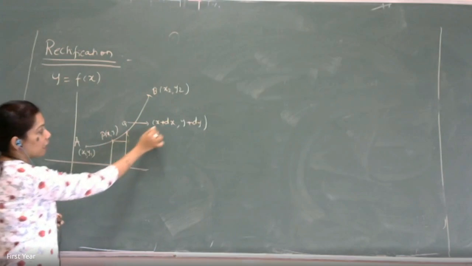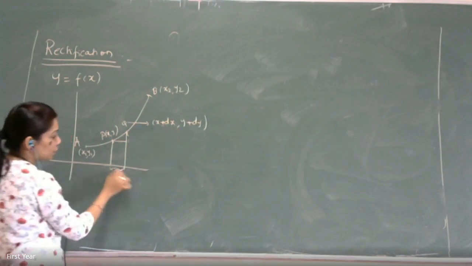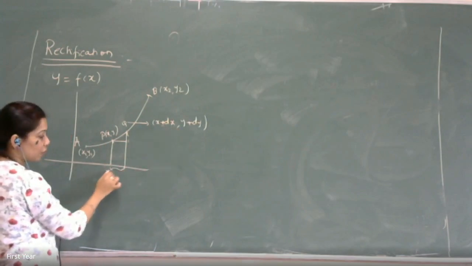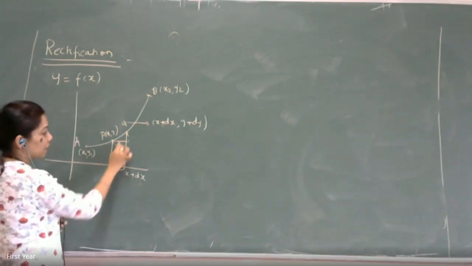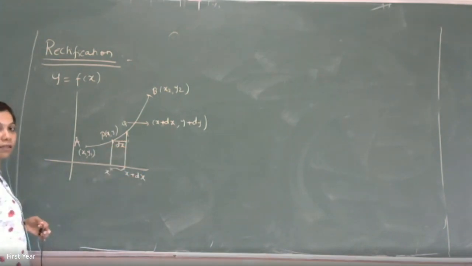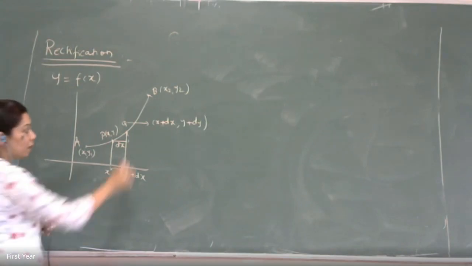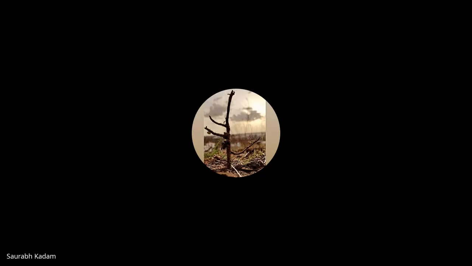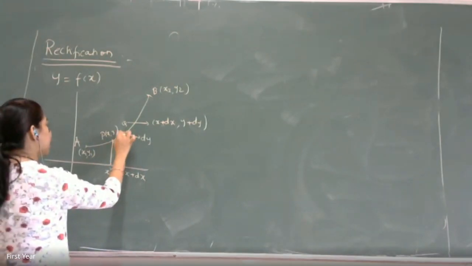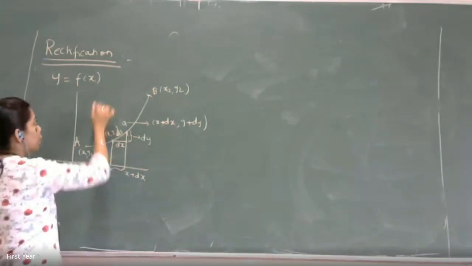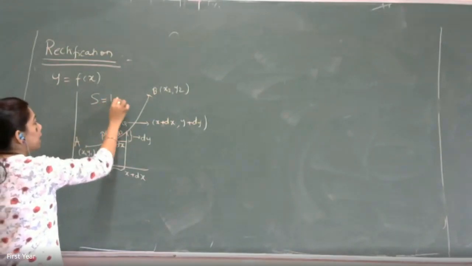If this is x and this is x plus dx, so this is the changing x. So what is this length? It is dx. What is this? This is dy. So let me call this small arc length change ds. Total length of the arc is s.